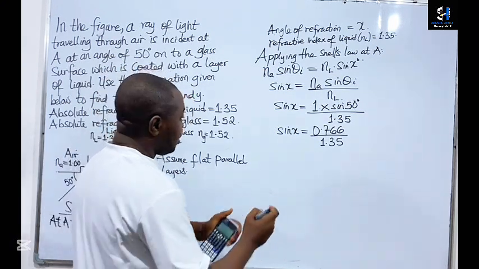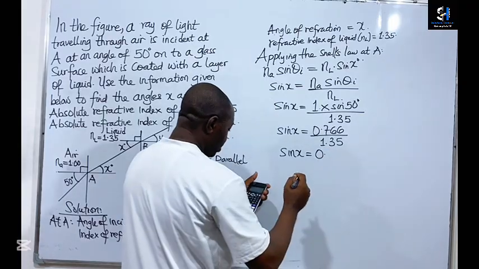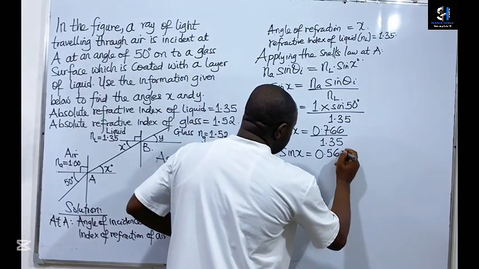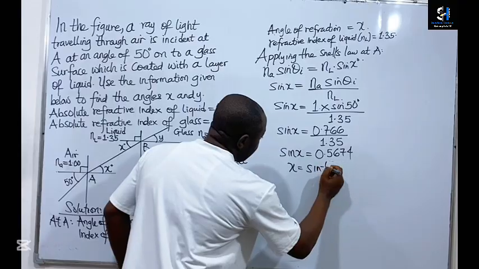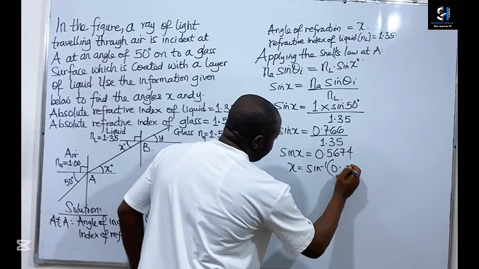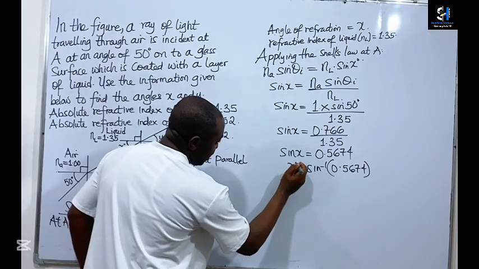So sine x equals 0.5674, so that the inverse sine of 0.5674 equals x.